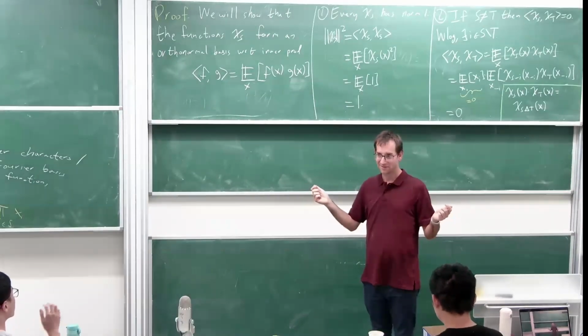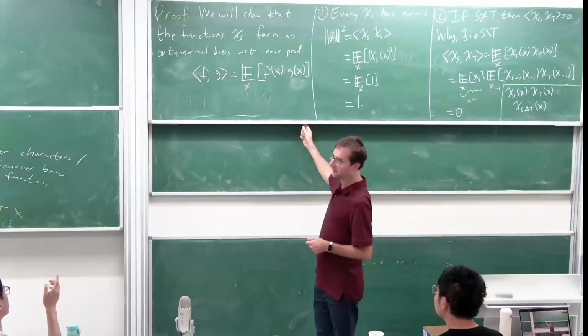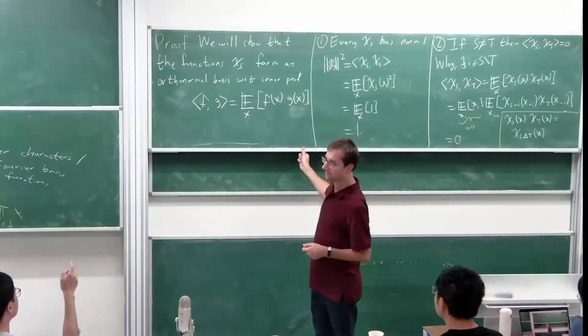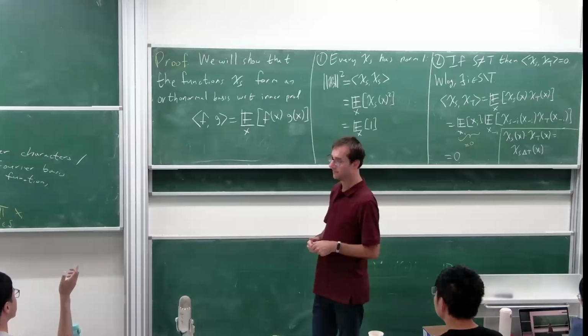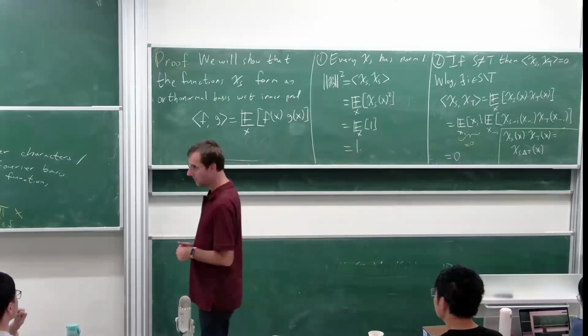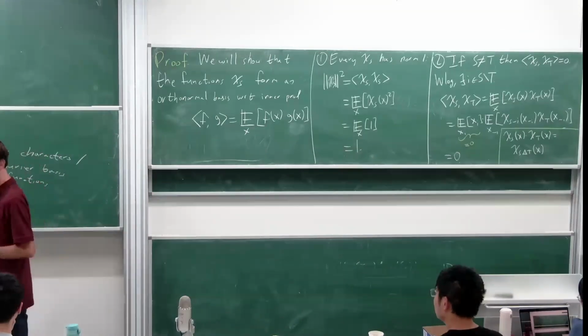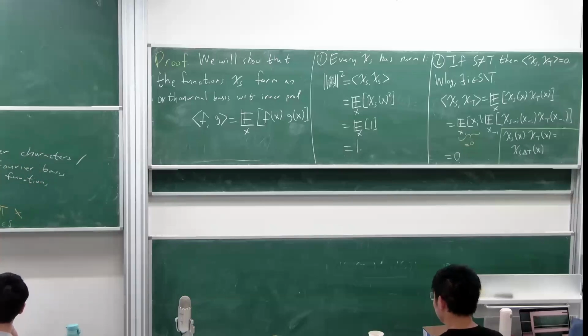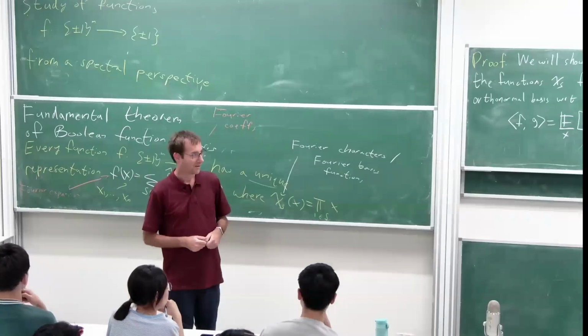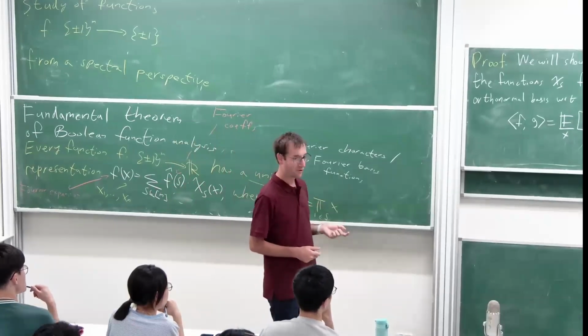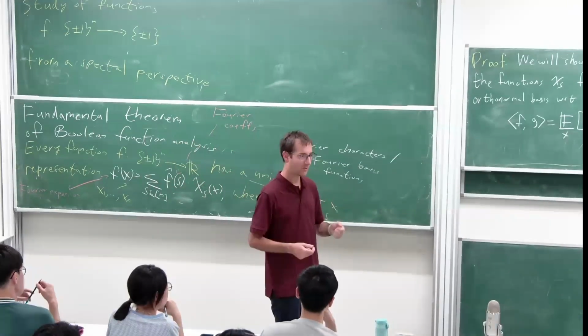Question: do you mean that if the distribution for x is not uniform, then one or two will fail? Yeah. And we'll actually see this. Why is this interesting? In the G(n,p) model of random graphs, unless p is equal to half, this is not the uniform distribution, and we will have to change the Fourier basis. We'll see it when we get there.